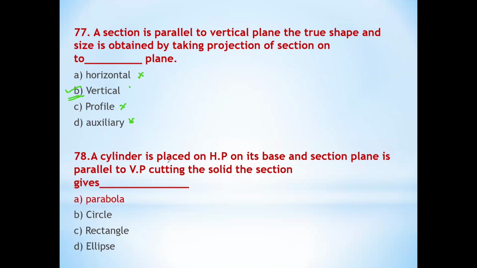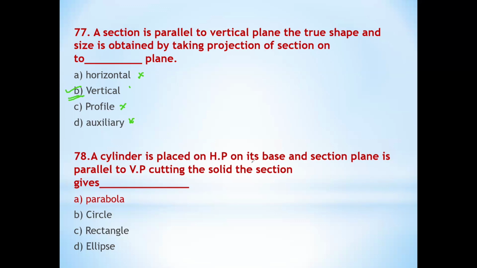Means if you are going to cut the cylinder in such a way that the section plane is parallel to VP, what will we get, that we have to see. Read one second.